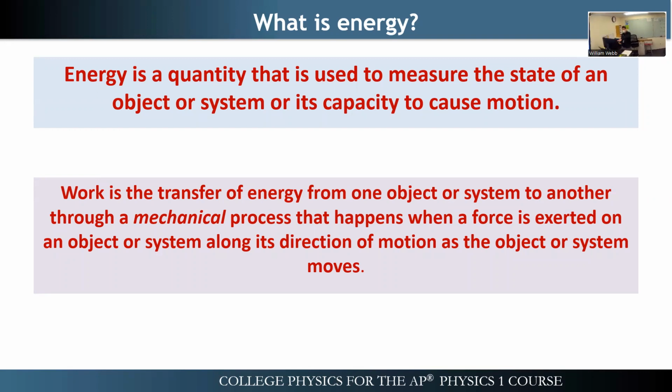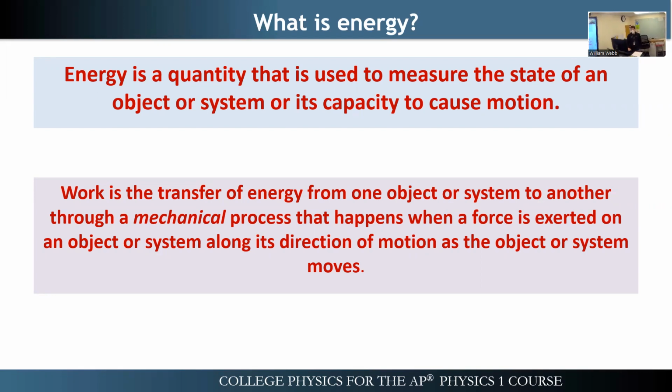And then work, which is what we're going to focus on here to finish up, is the transfer of energy from one system or object through mechanical processes, which require forces, to another system or object. So changing the energy from one type of storage to another, like the ball and the spring, like the solar energy in the solar panel and that whole example there.